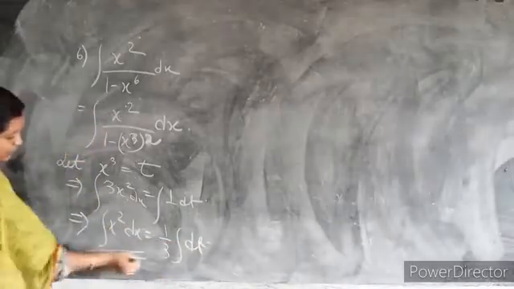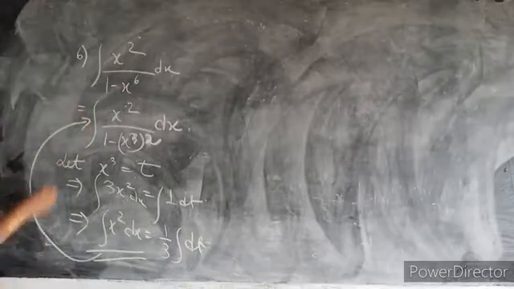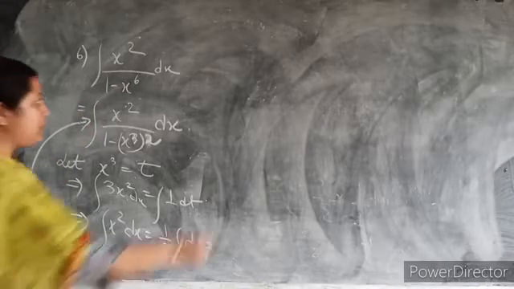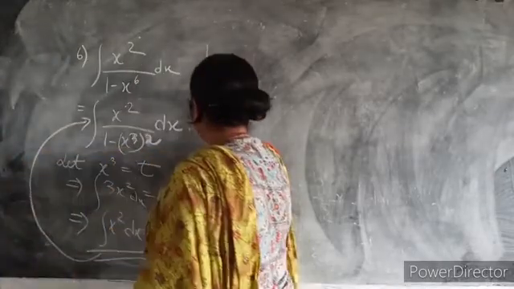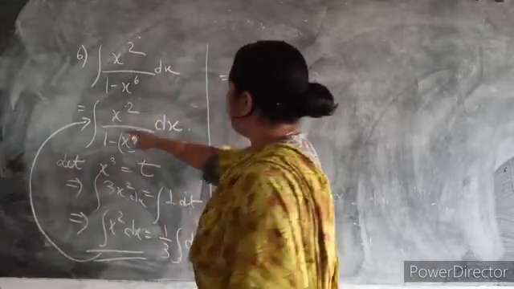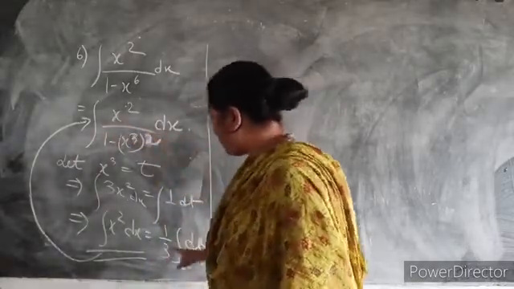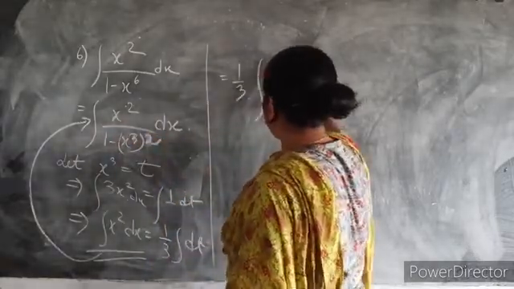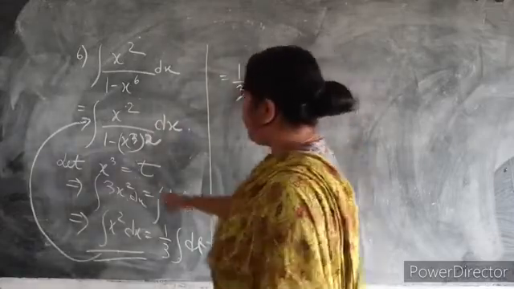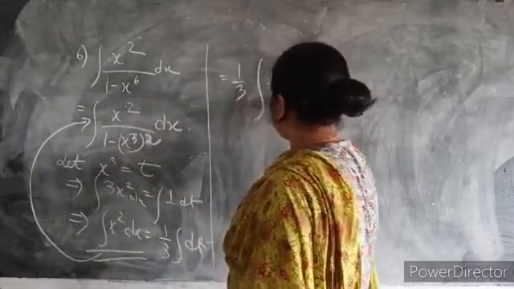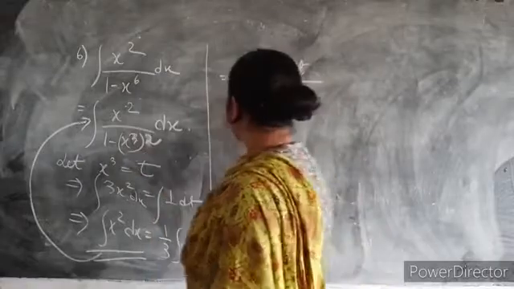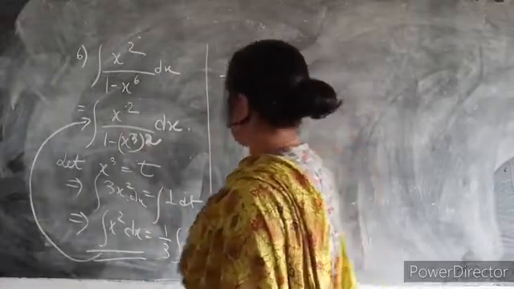This part is present in the numerator, so we substitute this value in terms of t. Your integral will now be 1 by 3 integration dt divided by 1 minus t square.